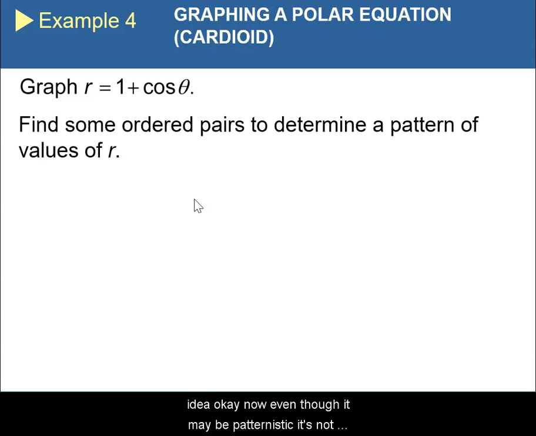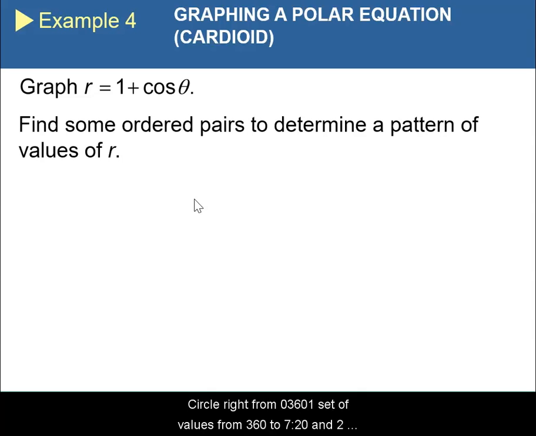Even though it may be patternistic, it's not like the equation of a line where it's very patternistic. These things are curves. They tend to curves as you go through the circle. The values will change. It may be possible, and we'll see this, that from 0 through 2 pi I get one set of values, and then they do not repeat from 2 pi to 4 pi, the next circle.